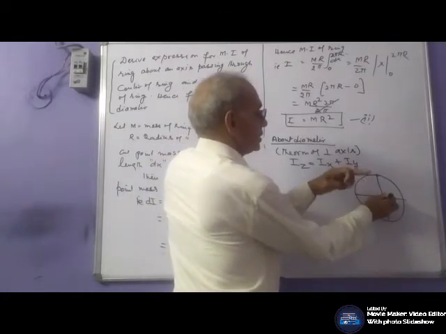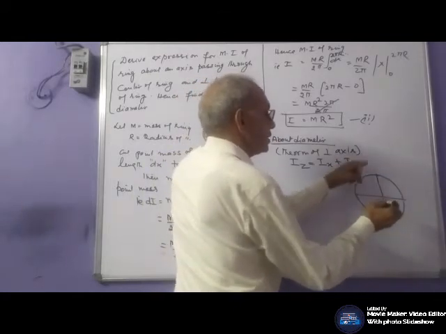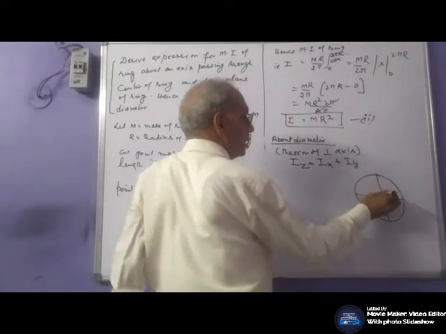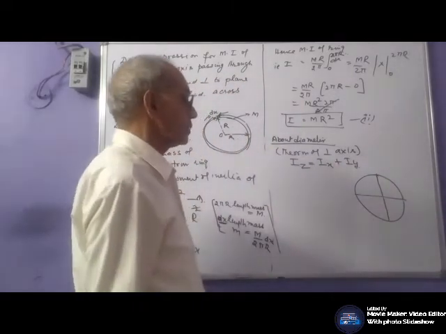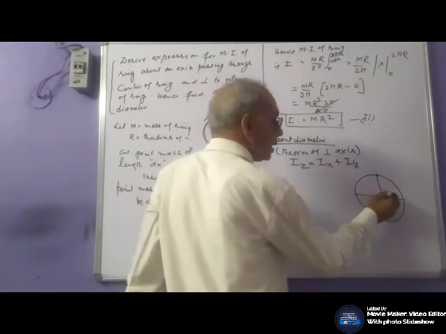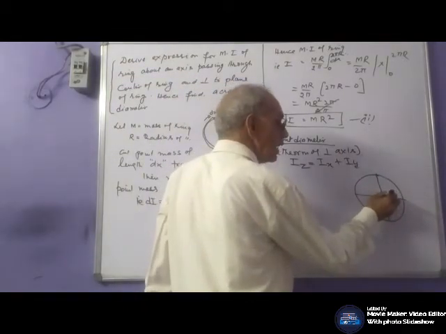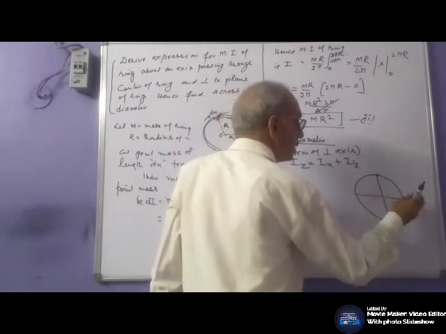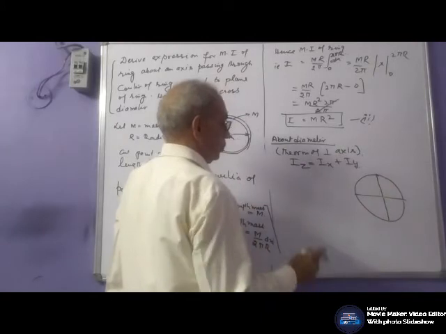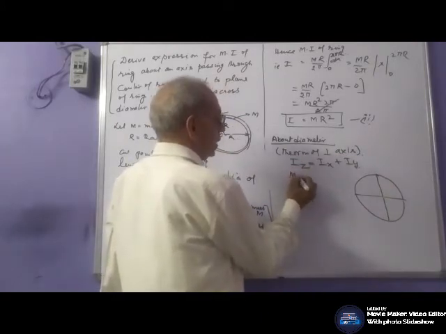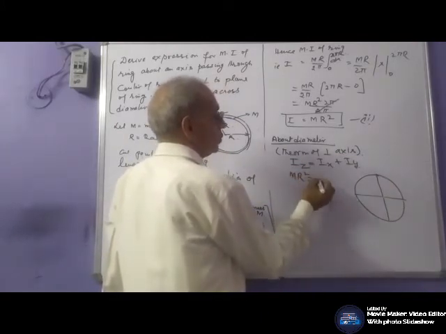This is Z axis, this diameter is x axis, this is y. So IZ we have calculated as M r square.